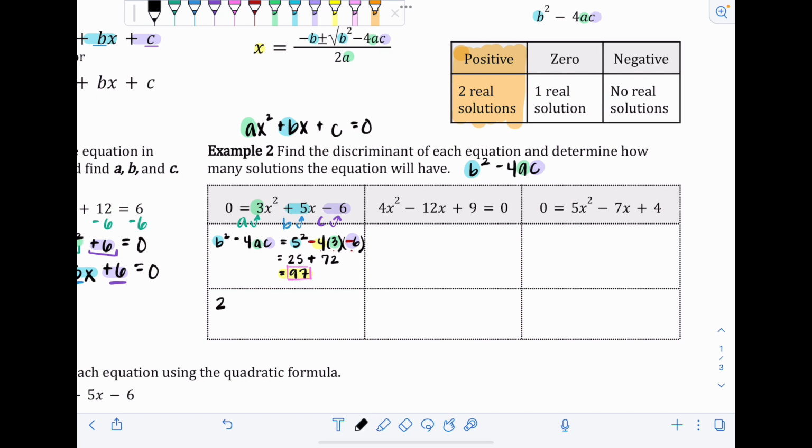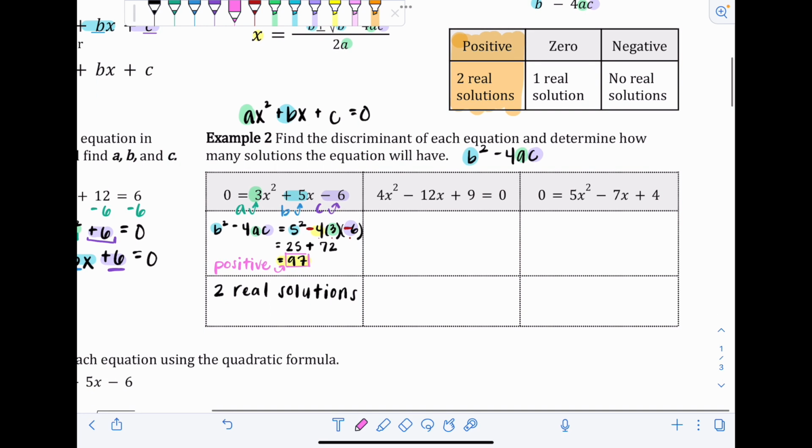So that's what's going to go in the bottom box. 2 real solutions. And if you want, you can just leave yourself a note that that's because this was positive. So any positive number from the discriminant b squared minus 4ac means that there's going to be 2 real solutions.